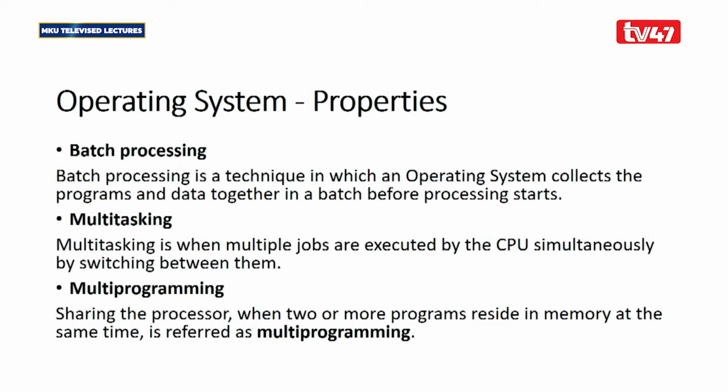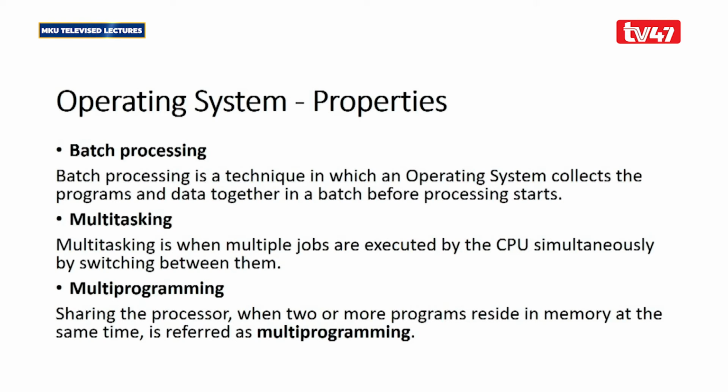Then multitasking is whereby multiple jobs are executed by the CPU simultaneously by switching between them. So when you hear the word multitasking in regard to operating systems, it is whereby several tasks run at the same time, but we switch between these tasks or jobs.